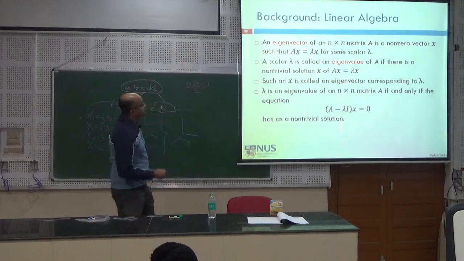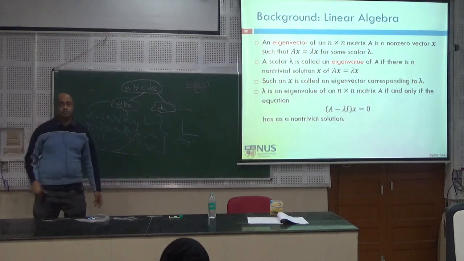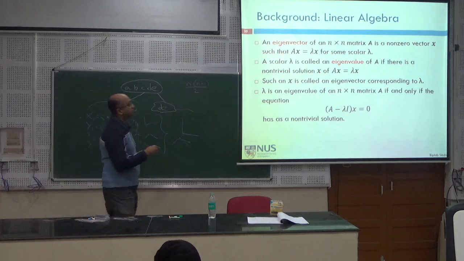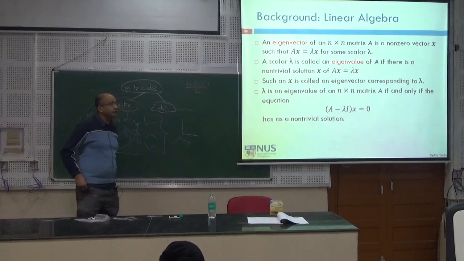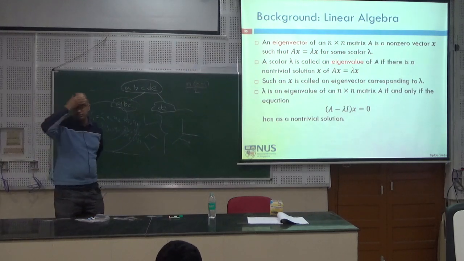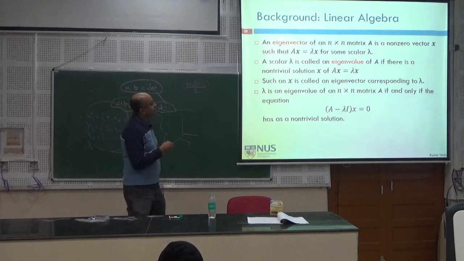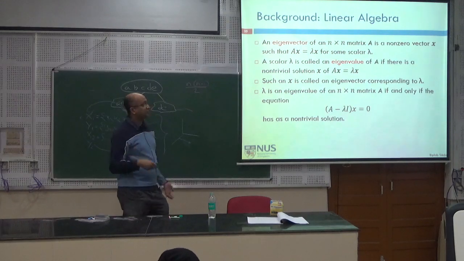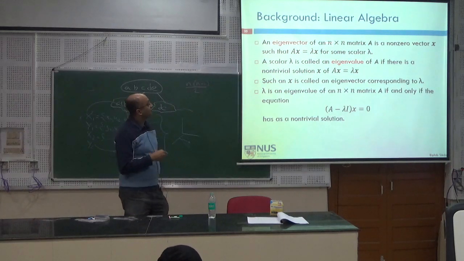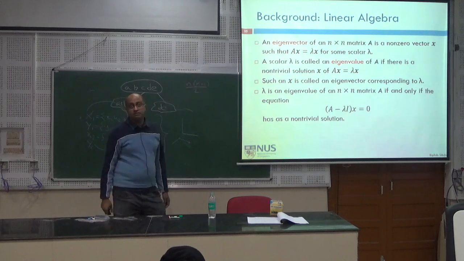The other thing that we will need is linear algebra, and specifically we will need eigenvalues and eigenvectors. When we did linear algebra in high school or first year math, we know what an eigenvector is. If you have an n by n matrix A and you take a vector x, such that A times x is the same as lambda times x, where lambda is some scalar, then we say that x is an eigenvector.